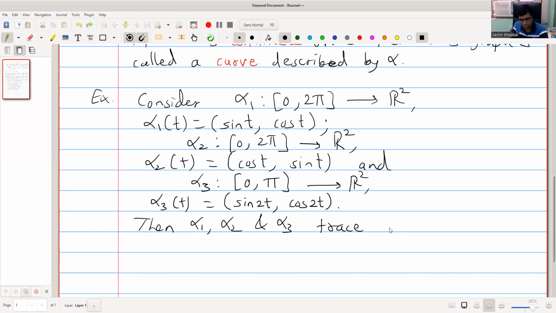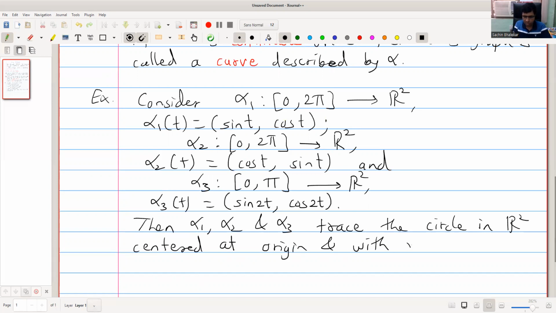It is also called the unit circle, the circle in R2 centered at origin with radius 1.